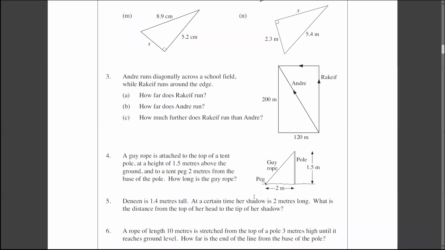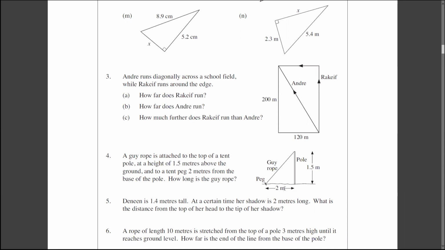And then we have other application type questions. A guy rope is attached to the top of a tent pole at a height of 1.5 meters above the ground and to a tent peg 2 meters from the base of the pole. How long is the guy rope? So the guy rope is the hypotenuse. It's diagonal here, and we know that means it's the hypotenuse.